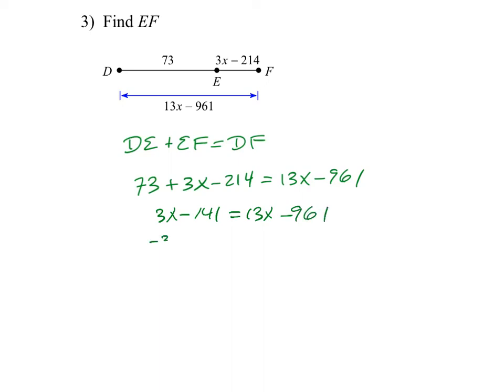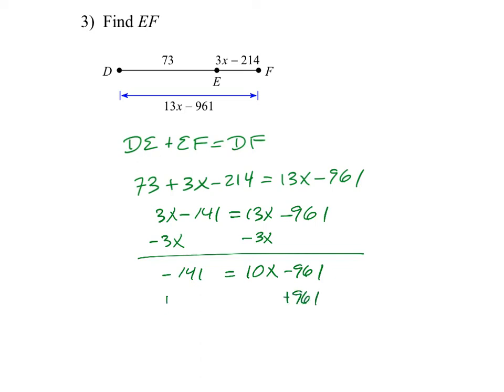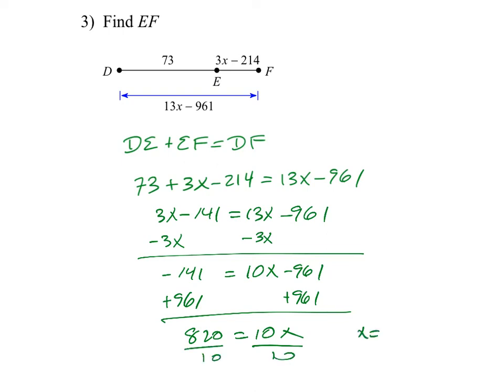Now I'm going to subtract the 3x on both sides. So negative 141 equals 10x minus 961. Plus 961, 820 equals 10x. And now I'm just going to divide by 10. So x equals 82.